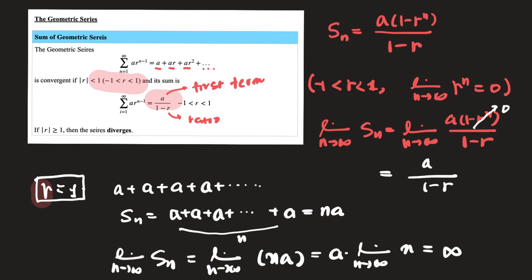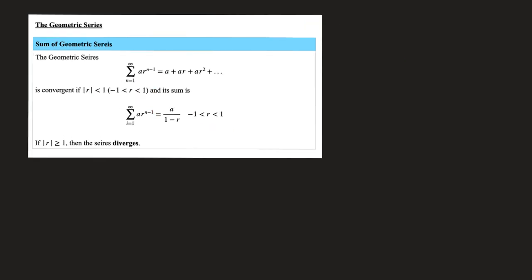Let's keep checking the cases where r is greater than 1, r is less than negative 1, or r is negative 1. In the previous slides, we proved that when r is between negative 1 and positive 1, the series converges to the sum of the geometric series.